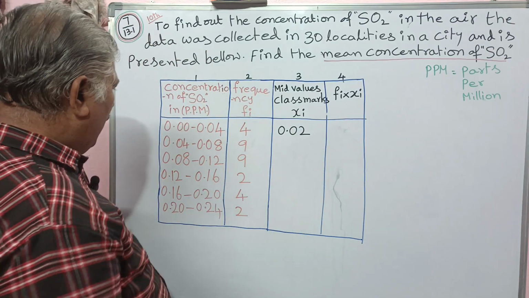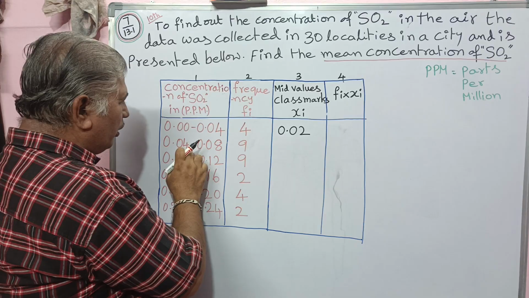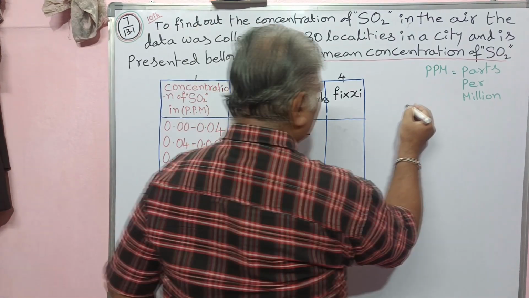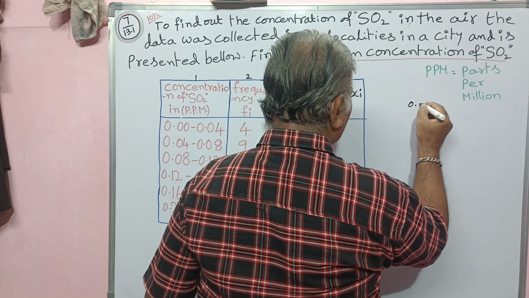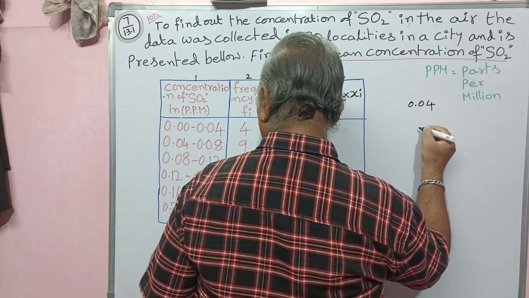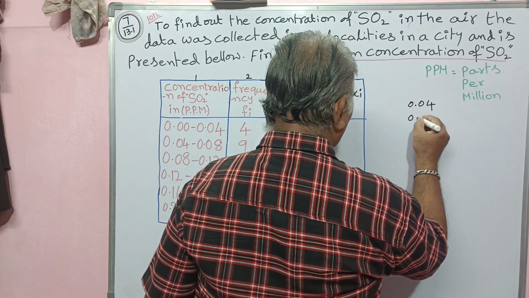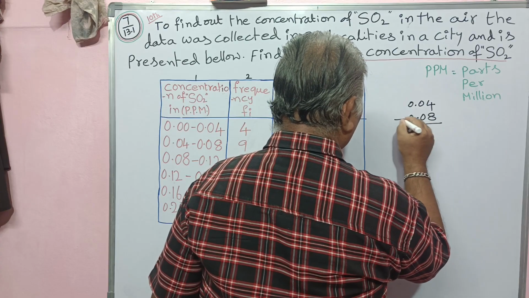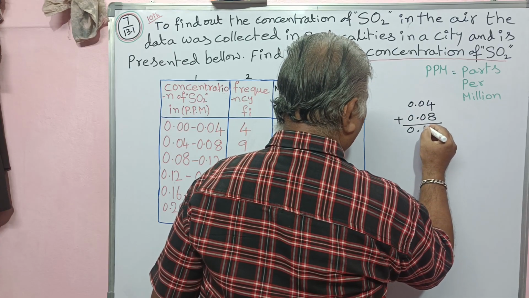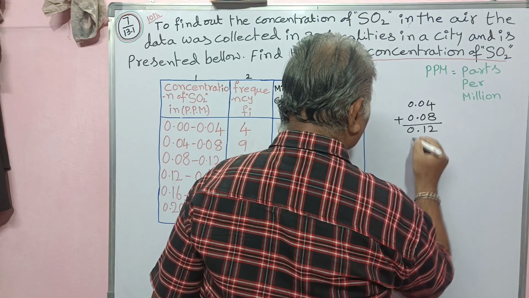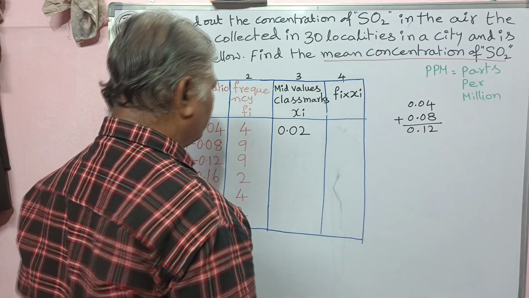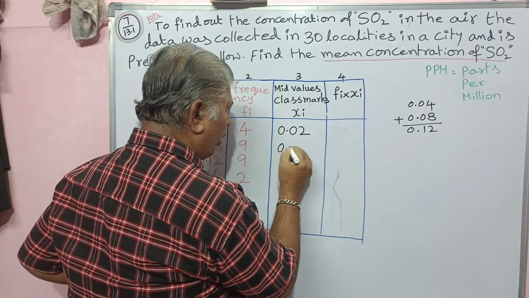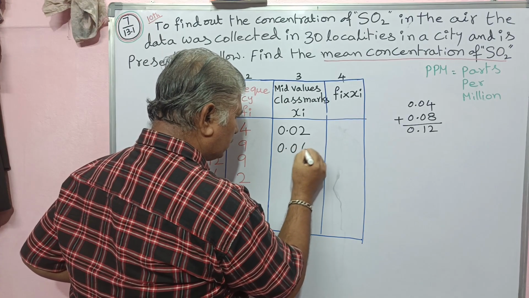Then 0.04 plus 0.08 gives 0.12. Make it half, 0.06.